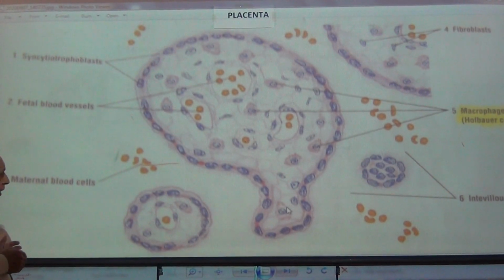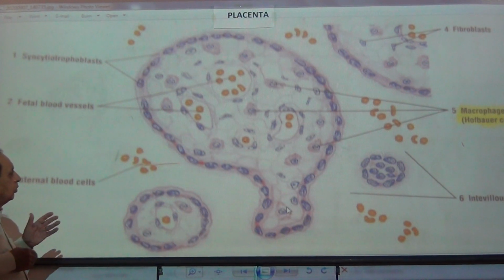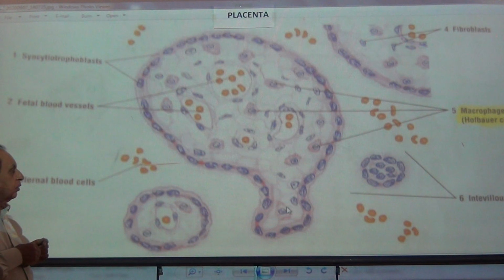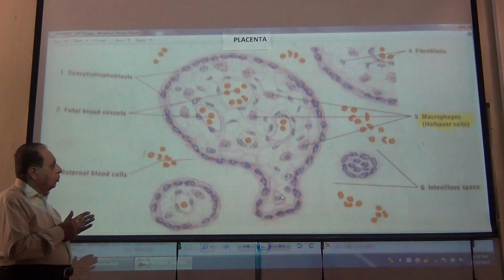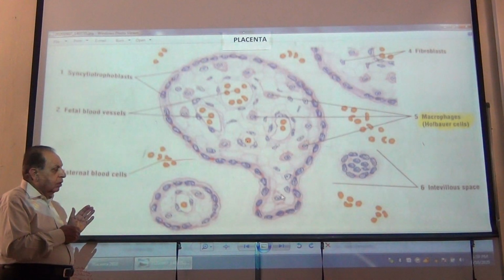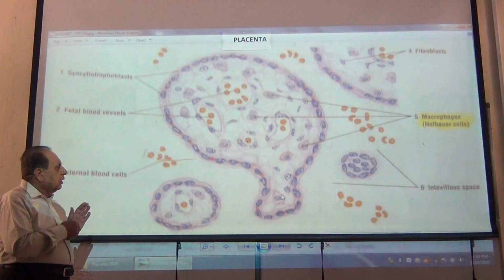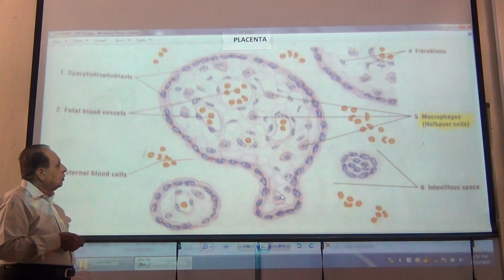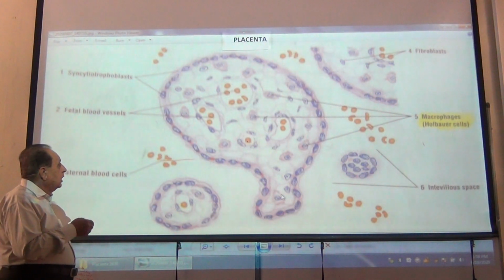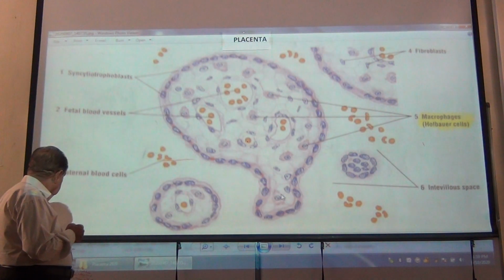This relaxin hormone produced by the placenta softens the fibrocartilage in the pubic symphysis to widen the pelvic canal for the impending birth. So those are all the hormones secreted by the placenta.